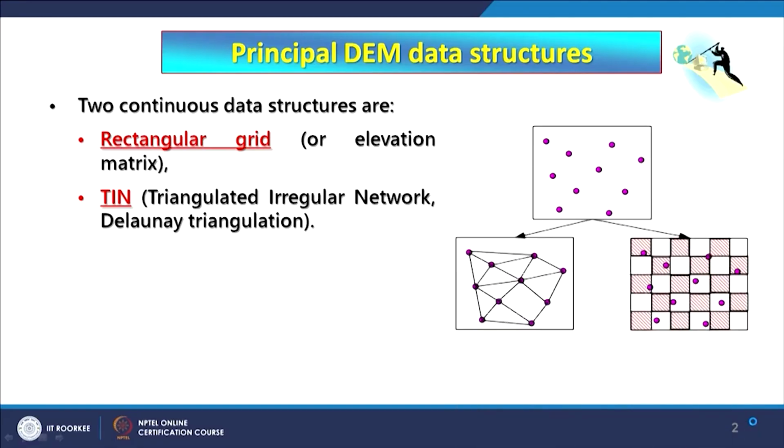And as you can see here, the input data in both cases can be point data, and if I talk about this surface or raster, through interpolation techniques we can develop such surfaces using the point data given here. And if we use the same data set and develop a TIN model, this is what is going to happen.